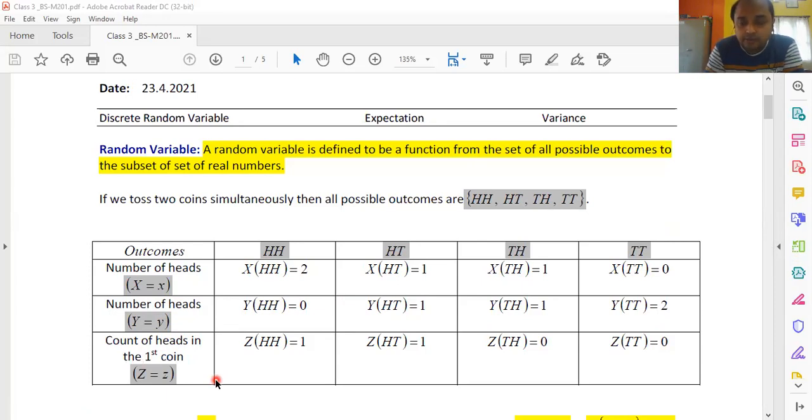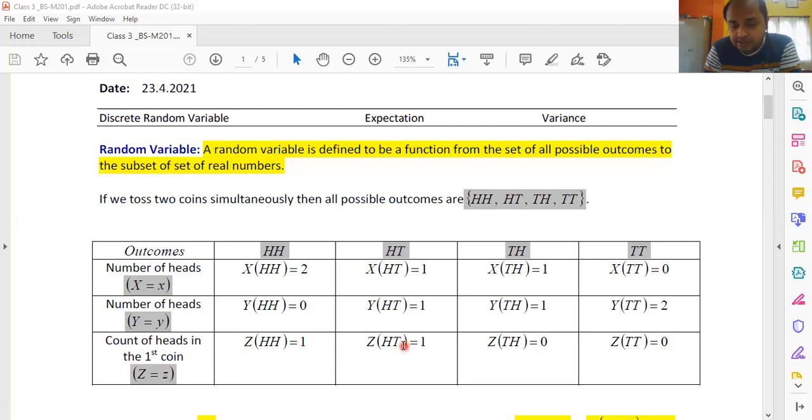And if I want to count the heads in the first coin only, and similarly, if you want to count the heads in the second coin only, or the tails on the first coin only and the second coin only, you can design your counts in several ways. So according to this, if I apply Z on the outcome HH, in the first coin we have only one head, so I have written 1.